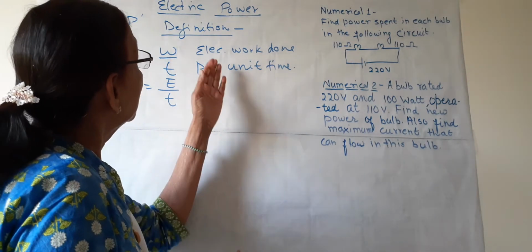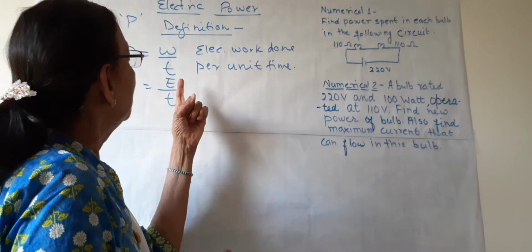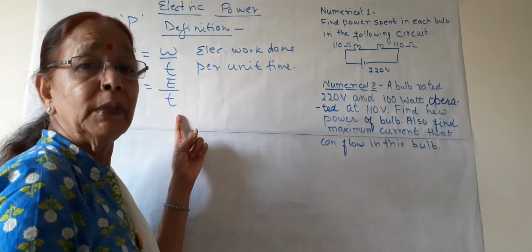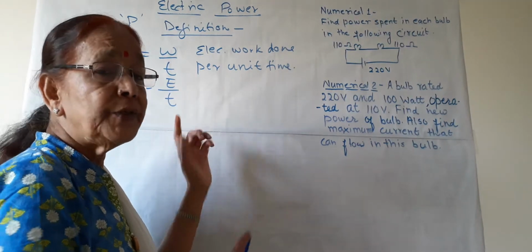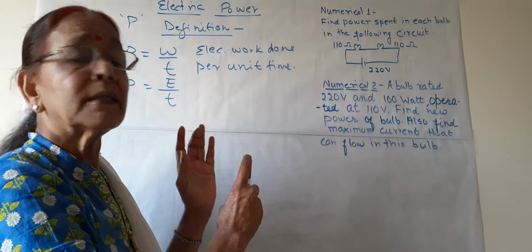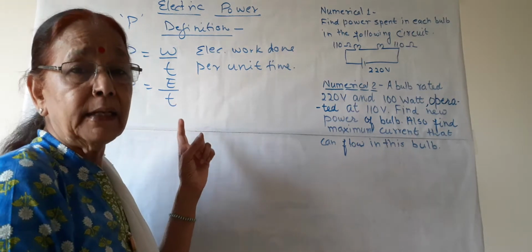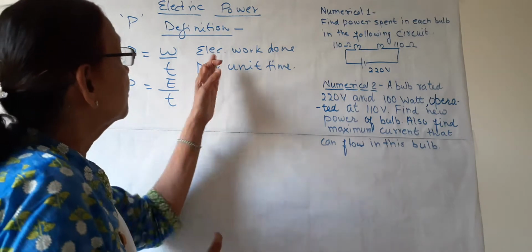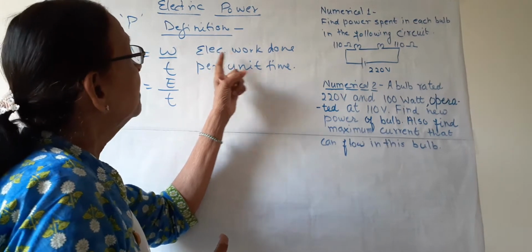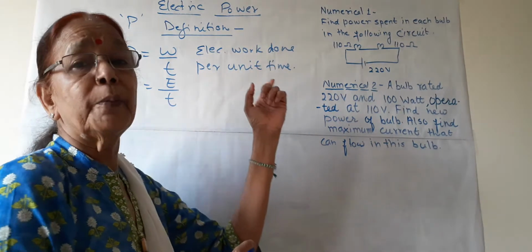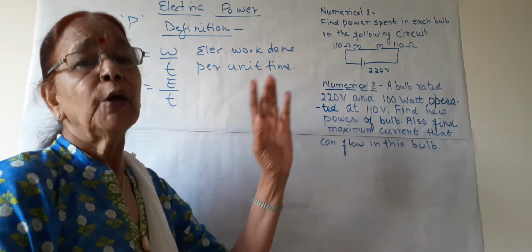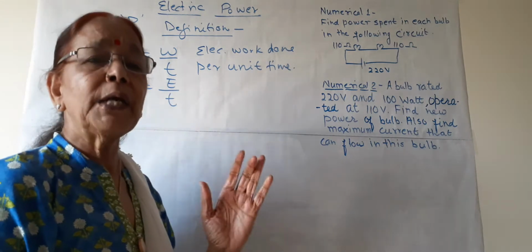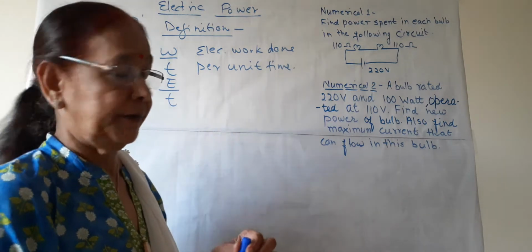So the second definition may be energy consumed in unit time, that is how much energy a circuit is consuming in 1 second, that is also power. So these are two formulae which are the basic formulae of power.